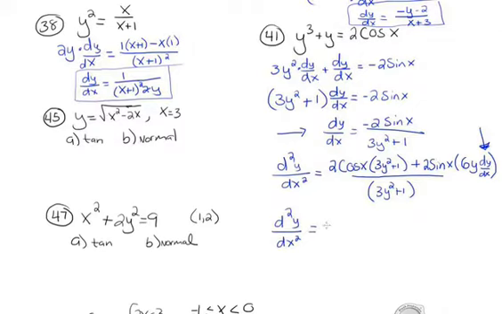No obvious cleaning up to do here, so let's just do it. 2 cosine of x times 3y squared plus 1, plus 2 sine of x times 6 times y times dy/dx.